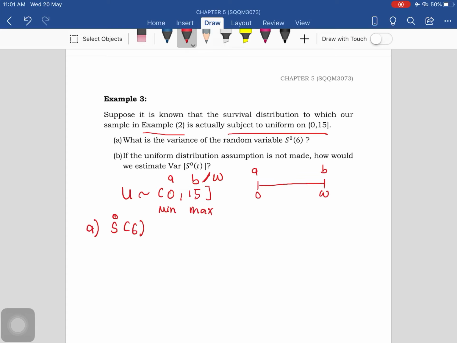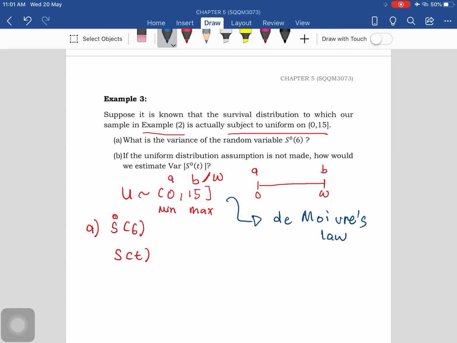Recall De Moivre's law, our good friend, which follows the uniform distribution.